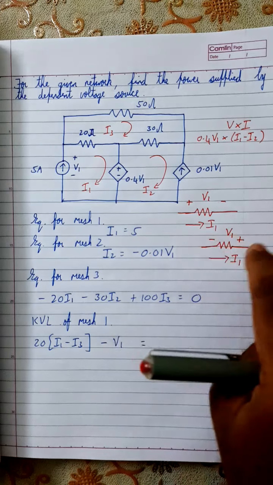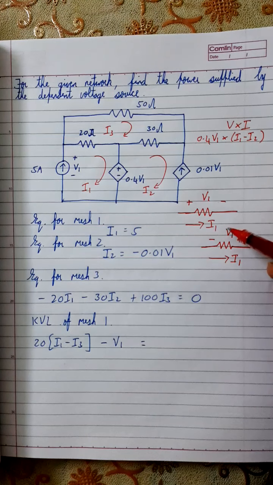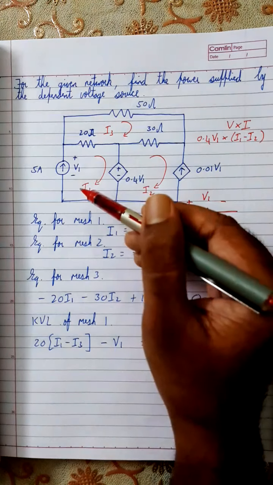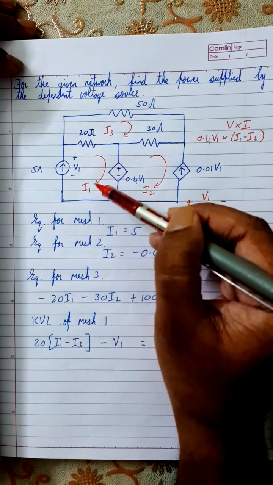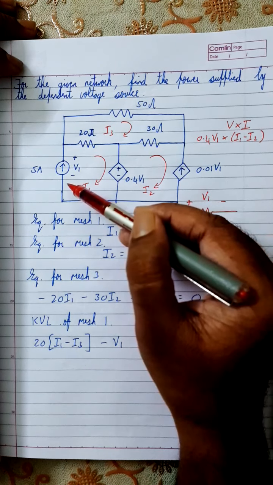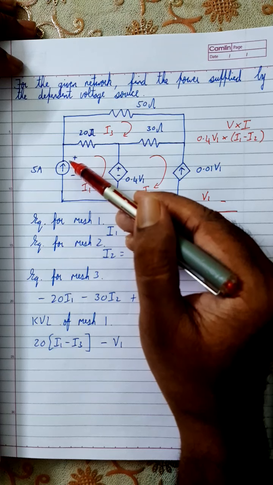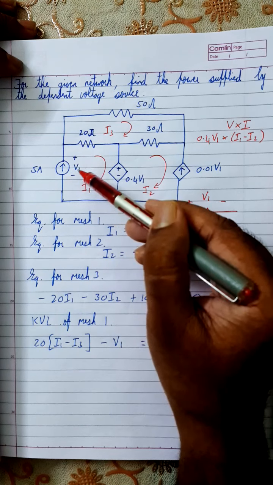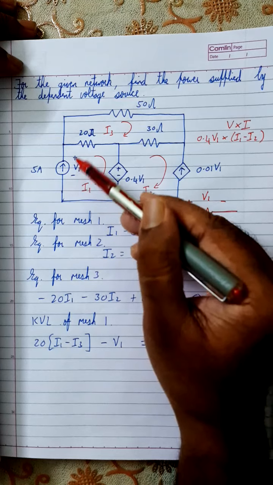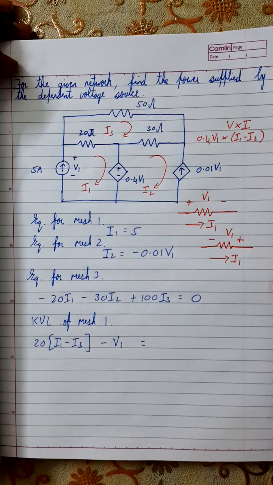This means the sign of this voltage drop is opposite to the one I assumed, so the voltage across this resistor is minus V1. That is why the voltage across is minus V1. This current I1 is flowing from a lower potential to a higher potential, which means the voltage drop across this is negative.